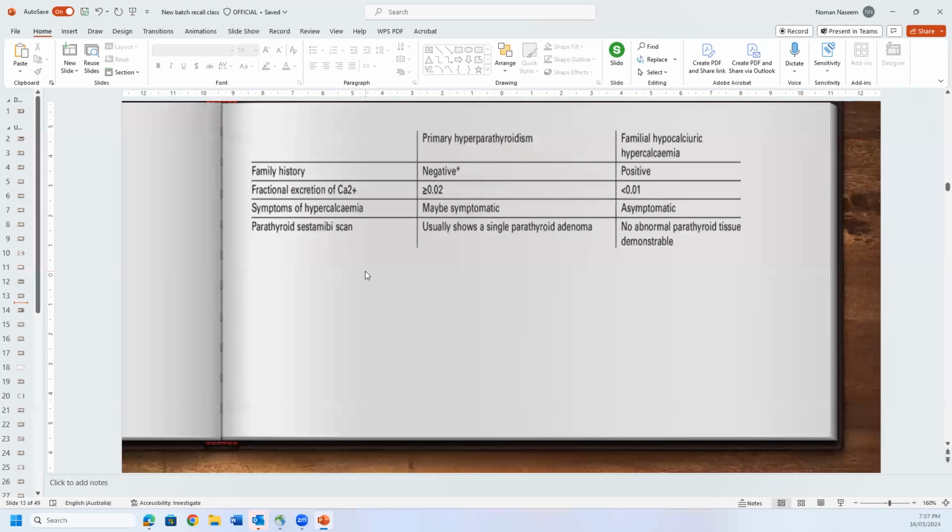The name indicates hypocalciuric, meaning less calcium in the urine. Symptoms of hypercalcemia will be more in primary hyperparathyroidism than in hypocalciuric hypercalcemia. And the scan will not show any abnormal tissue.